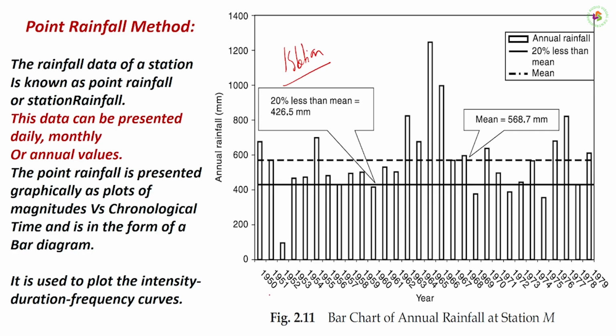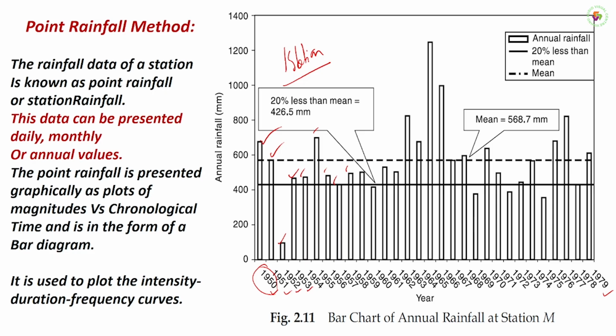At that station, the years 1951, 52, 53 and so on up to 79 are on the x-axis. On the y-axis is the annual rainfall at that station. These bar diagrams each represent only one figure, the annual rainfall.